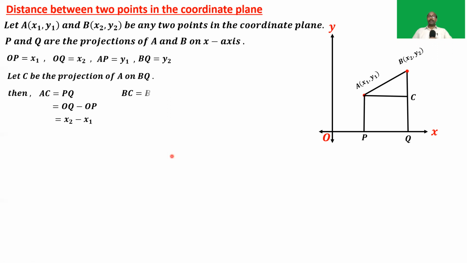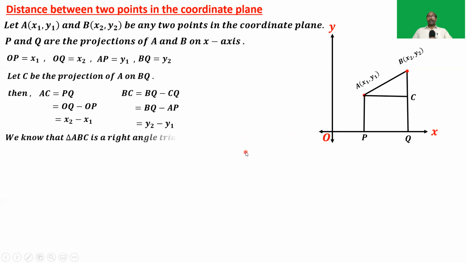Similarly, the length BC. BC is equal to BQ minus CQ, isn't it? Now, we have BQ is equal to y2 and CQ is equal to AP, and AP is equal to y1. So, BC is equal to y2 minus y1.